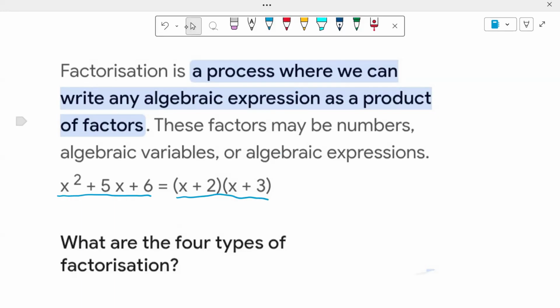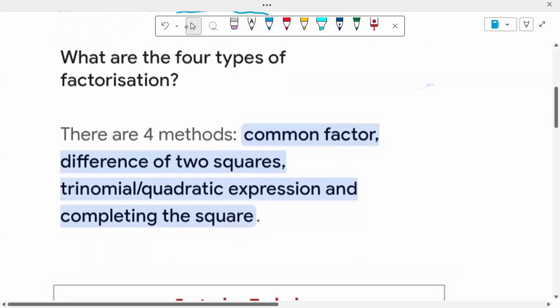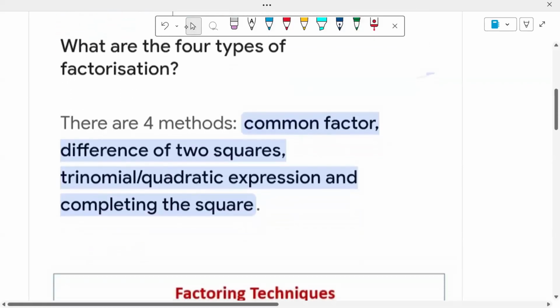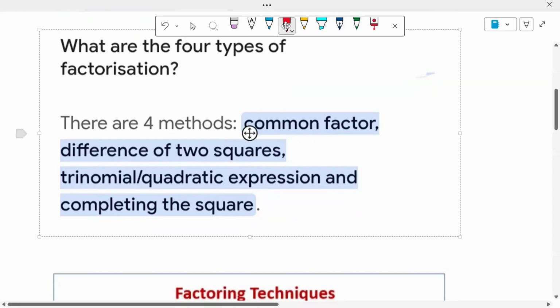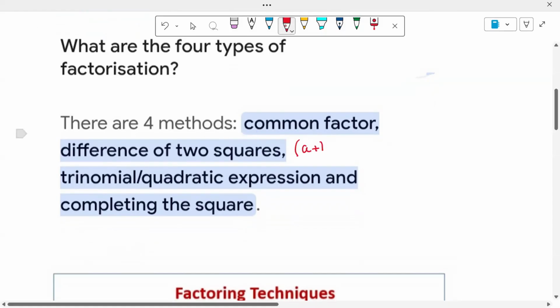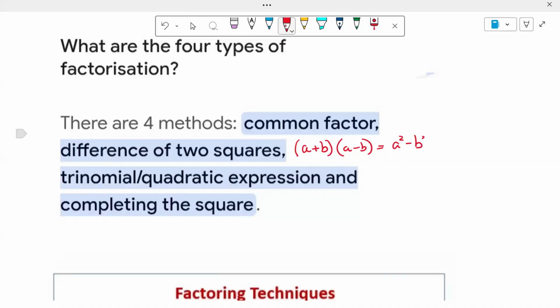There are various methods to do the factorization. There are four types of factorization method. The very first one is common factor, which in general is called taking common. Then there is difference of two squares, also called the third identity, that is (a plus b)(a minus b) equal to a square minus b square.